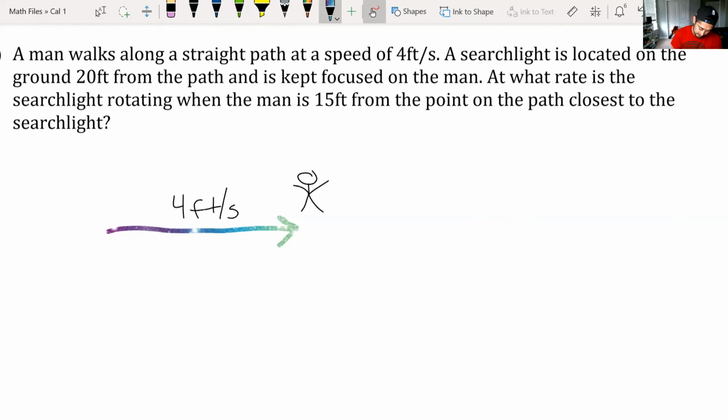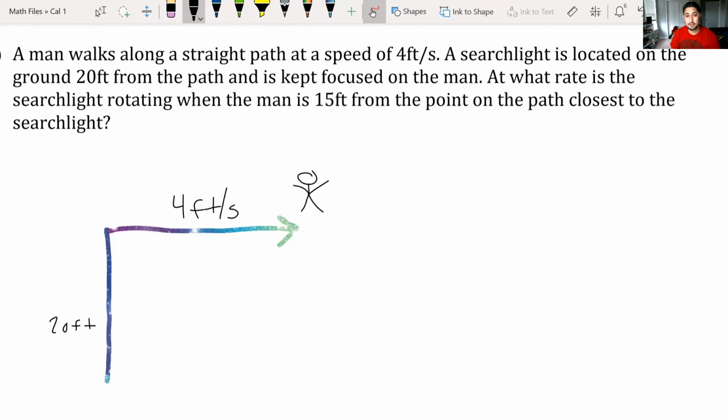So we're going to assume that the path started here and our searchlight is located on the ground 20 feet from the path. So there's my searchlight, okay? All right. And we know that this is 20 feet.